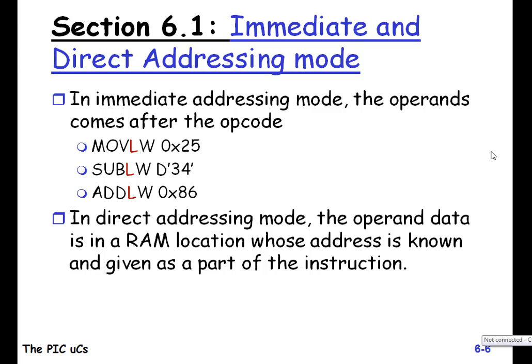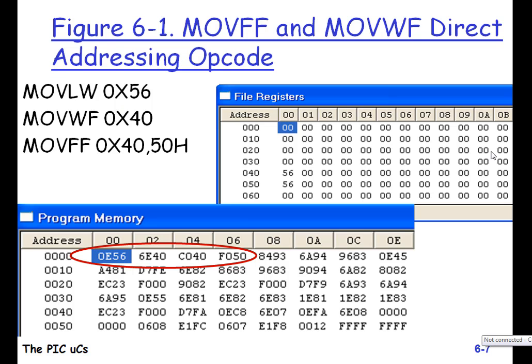In immediate addressing mode, the operand comes after the opcode, as mentioned in this example. In direct addressing mode, the operand data is in a RAM location whose address is known and given as part of the instruction. These are mentioned in this example and also shown in the MikroC programming interface.